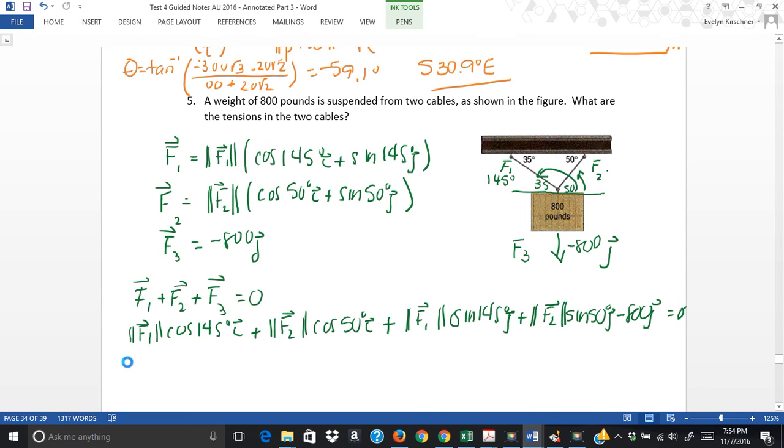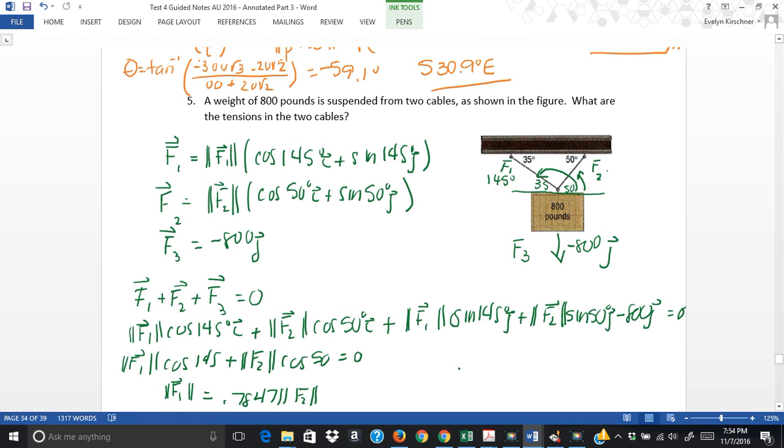So the i's: F1 cosine 145 plus F2 cosine 50 equals 0. And I can solve that, and if I move things around, I find that the magnitude of F1 equals 0.7847 times the magnitude of F2. And I'm going to plug that in here.